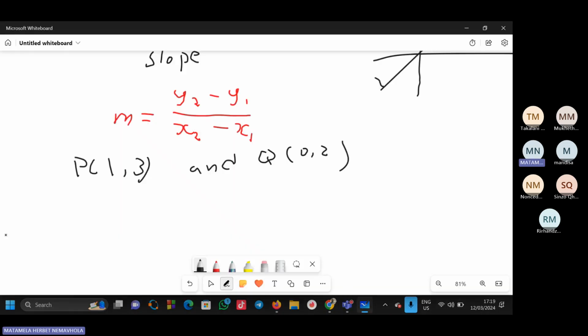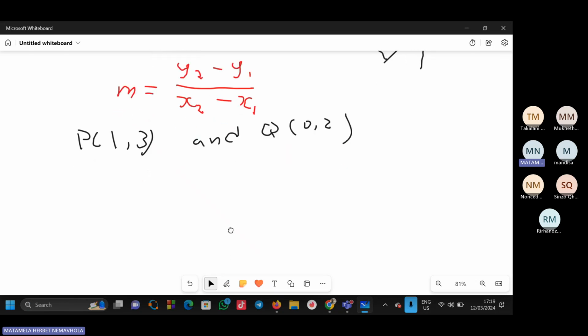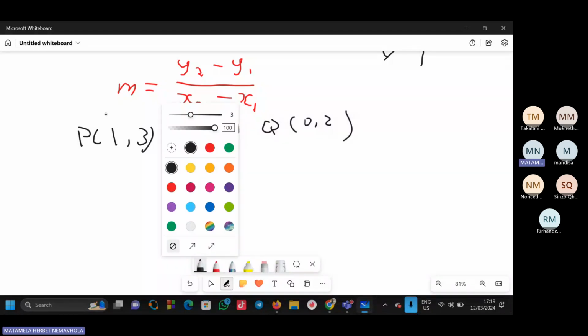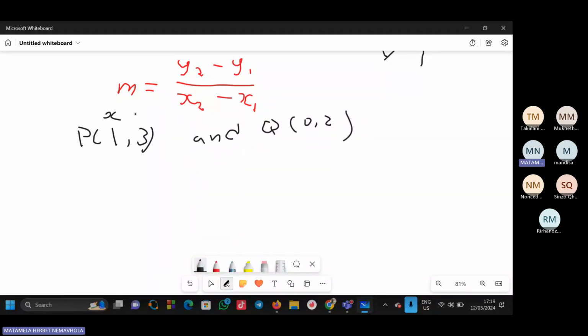So when you find the equation of a straight line, the first thing that we're going to calculate, remember in these values, this is going to be your x and y values. So you can decide this is going to be your x1, y1, your x2, and y2.